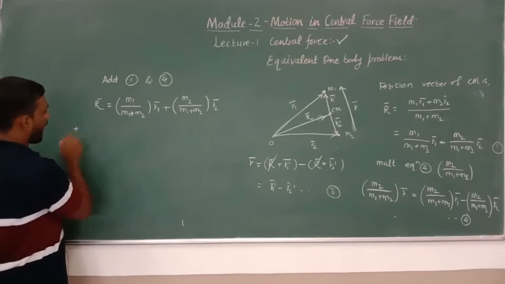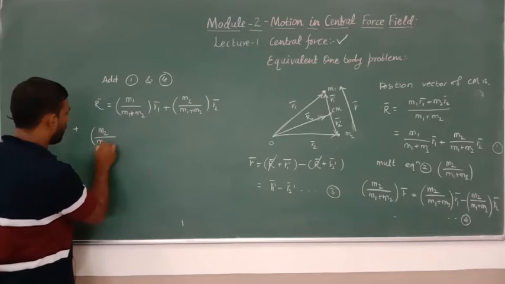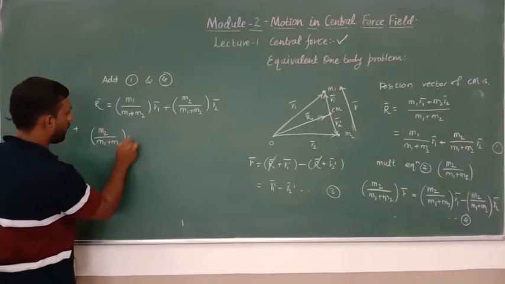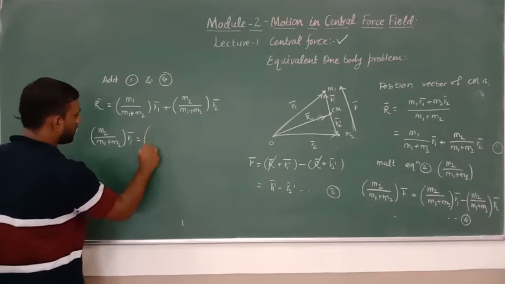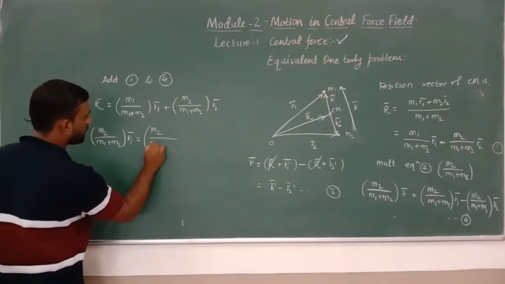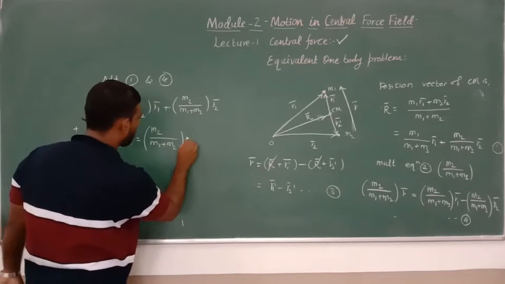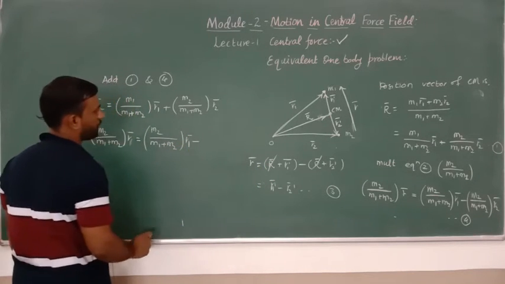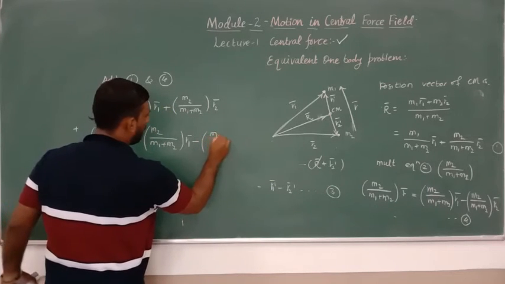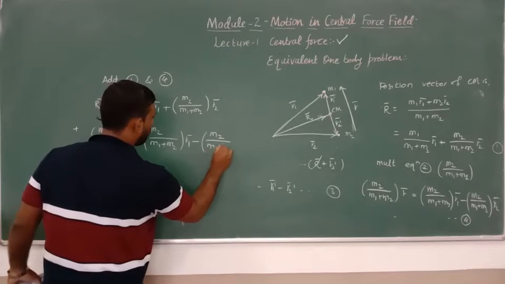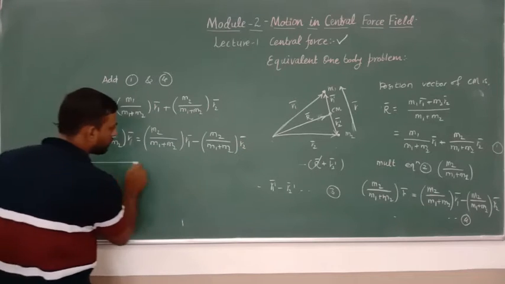So we have to just add these equations. So m2 upon m1 plus m2 r bar is equal to the same term, r1 bar, minus the second term, m2 upon m1 plus m2 r2. So we are adding these two terms.